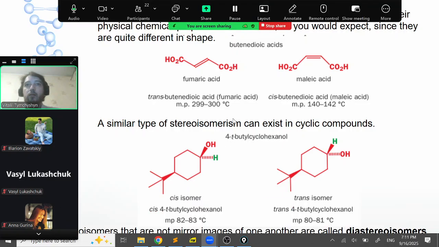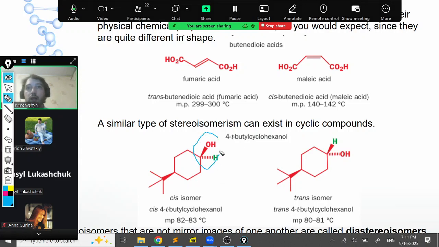Similar type of stereoisomerism can exist in cyclic compounds. So here are two cyclic compounds, and you see that we have cis-trans isomerism. And once again, in this case just a little bit different melting points, but basically if we consider some chemical reactions and so on, we may spot some more difference.